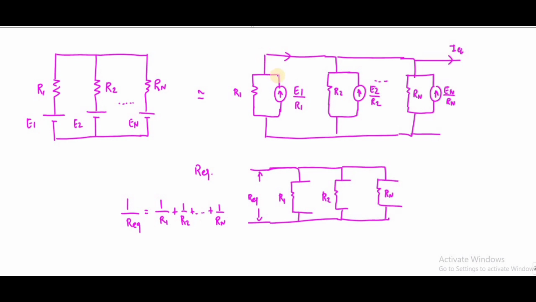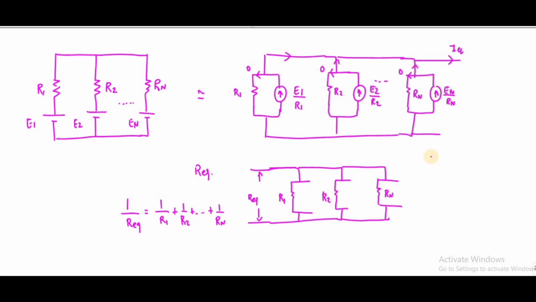The entire current E1 by R1 will flow only through this path, so the current flowing through the resistor is 0, and here it is E2 by R2, and here also it is En by Rn.